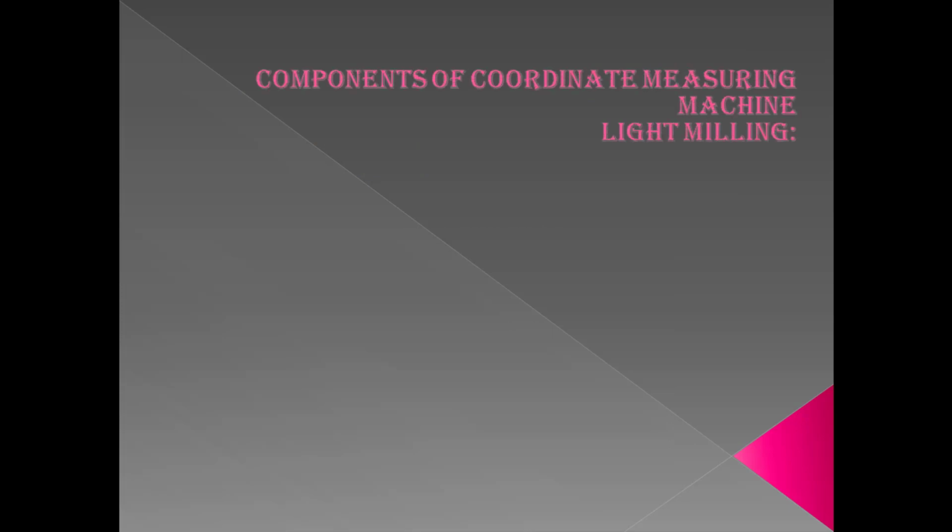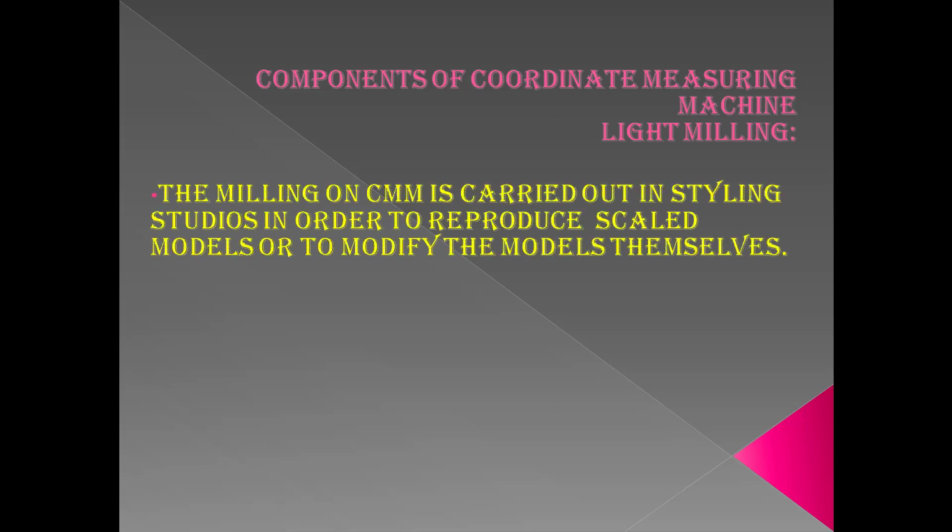So now we will learn the components of CMM. Milling on CMM is carried out in styling studios in order to reproduce scale models or to modify the models themselves.